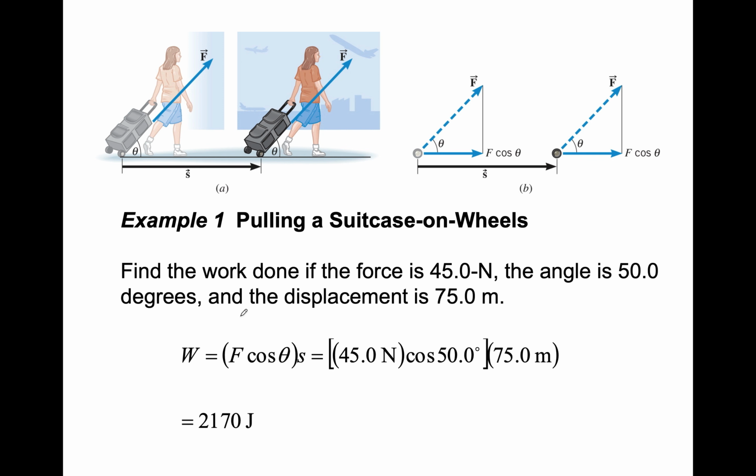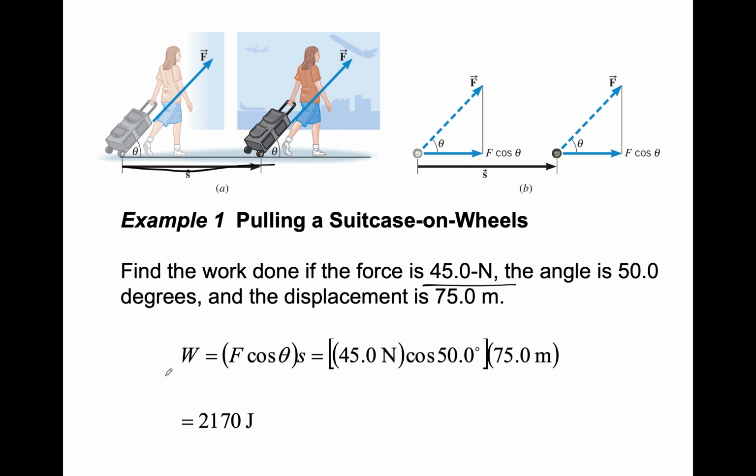We want to find out the work done when the traveler is pulling a suitcase. The force magnitude is 45 Newton. The angle is 50 degrees. The displacement is 75 meters.